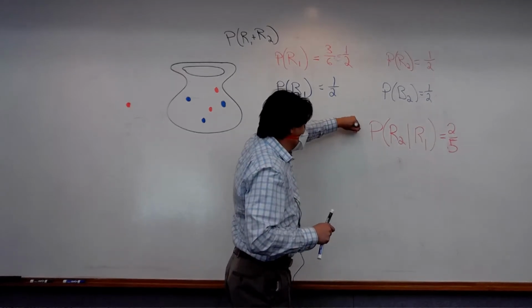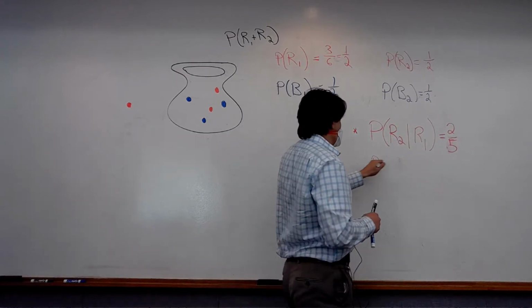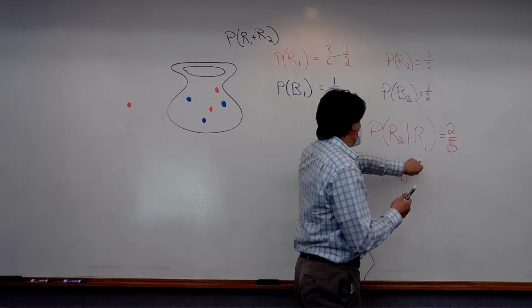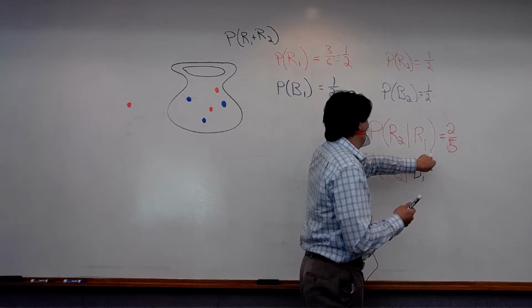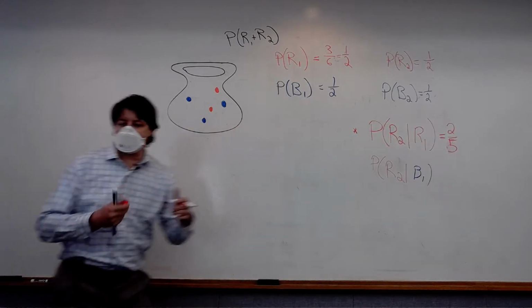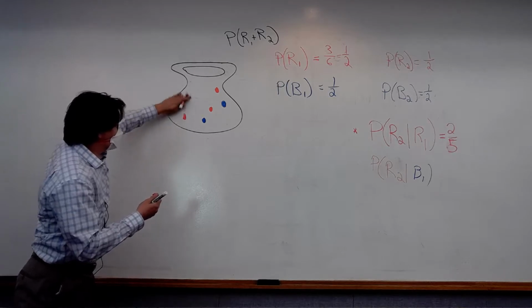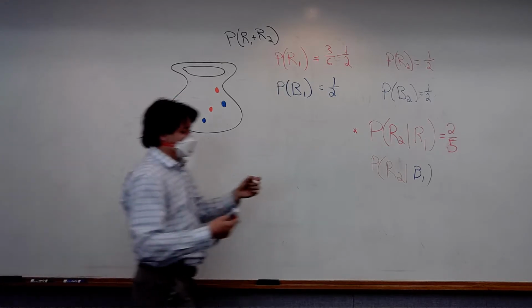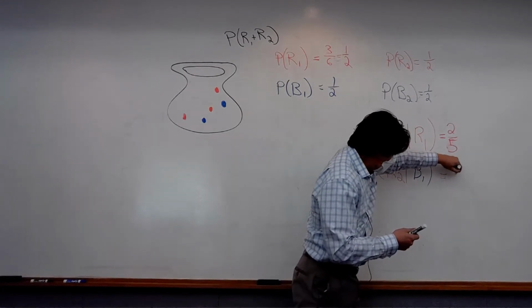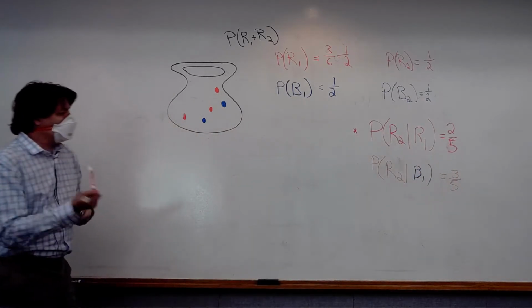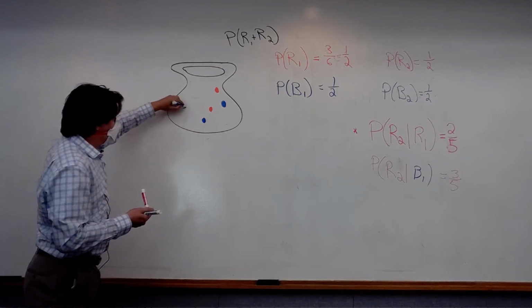This is the one that we're going to use, but we would also know what the probability of red 2 given blue 1 is. Right? So imagine instead of the red coming out, we had taken a blue, now we'd have a 3/5 chance. Okay? Let me put that back.